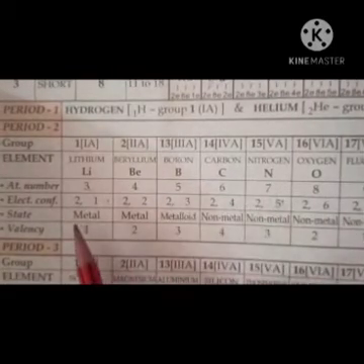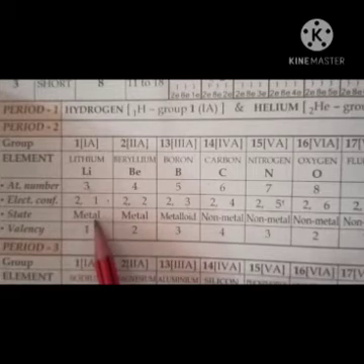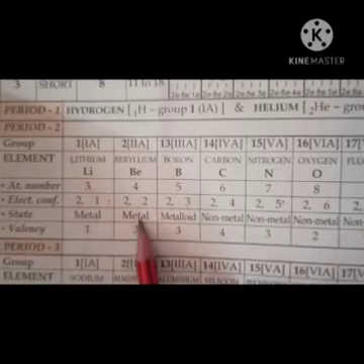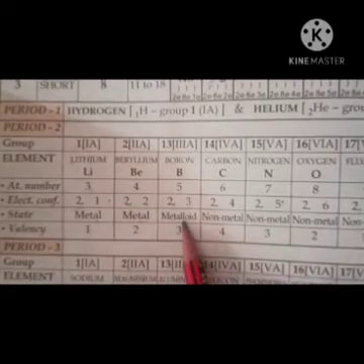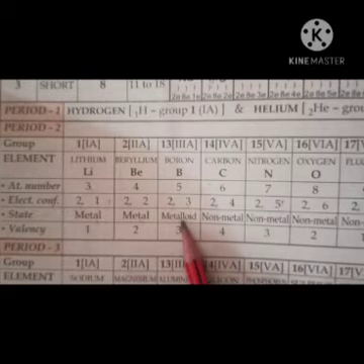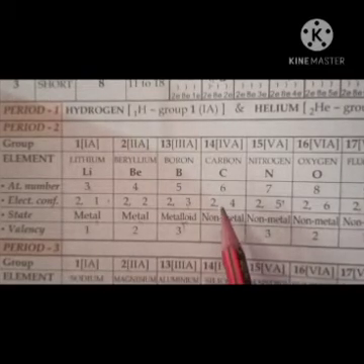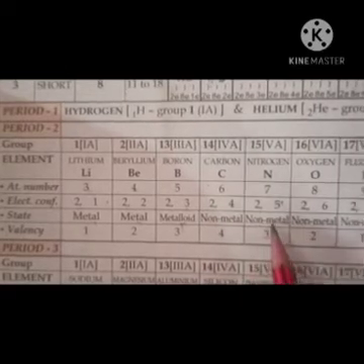And state-wise, the first 2 elements, lithium and beryllium, are metals. Then boron is the metalloid of period 2. After that, all the rest are non-metals.